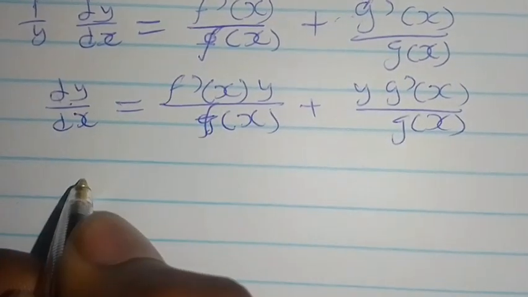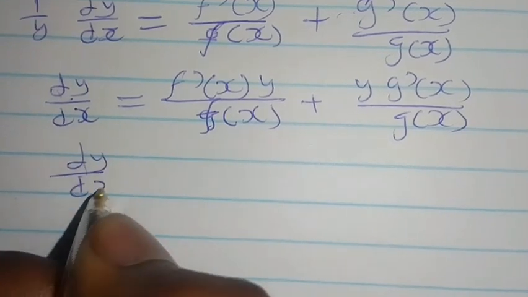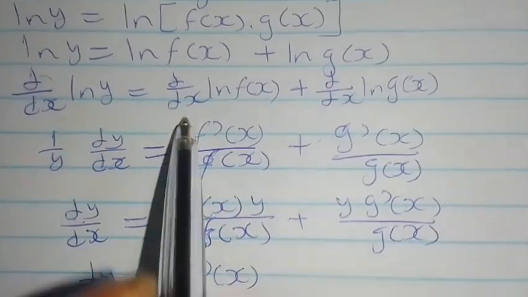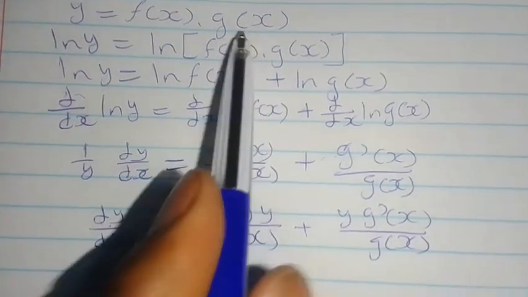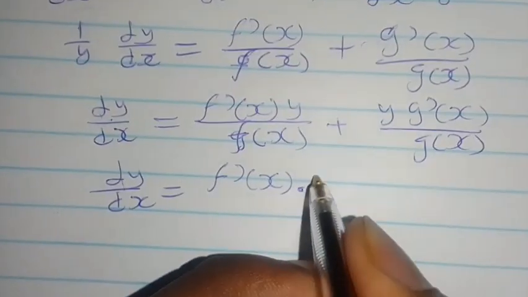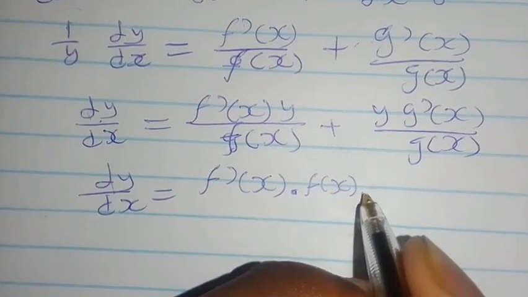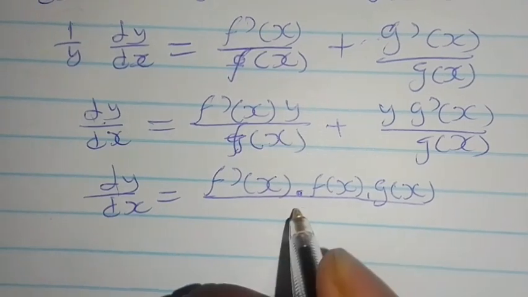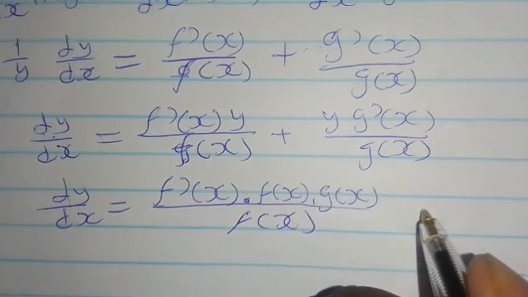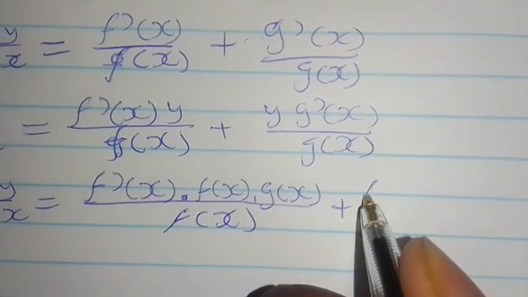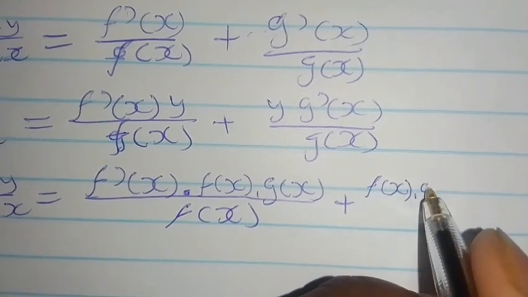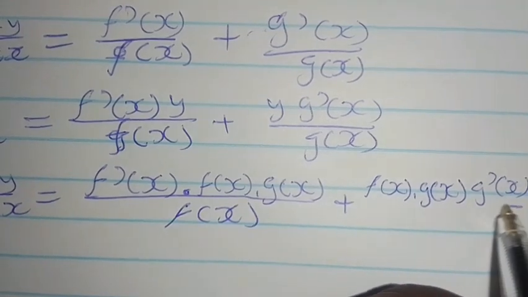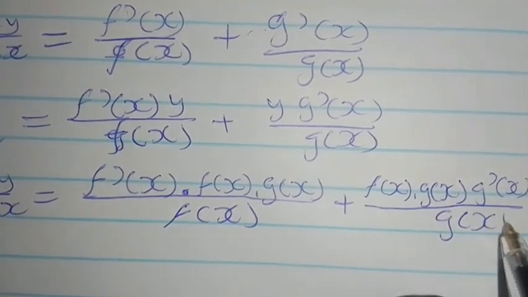And then dy over dx is the same as f prime of x, but now my y is f of x times g of x, so I have f of x times g of x divided by f of x, plus f of x times g of x times g prime of x divided by g of x.